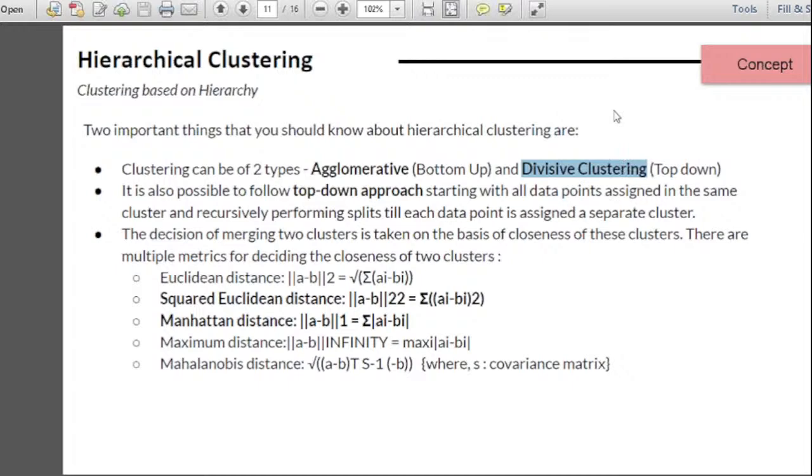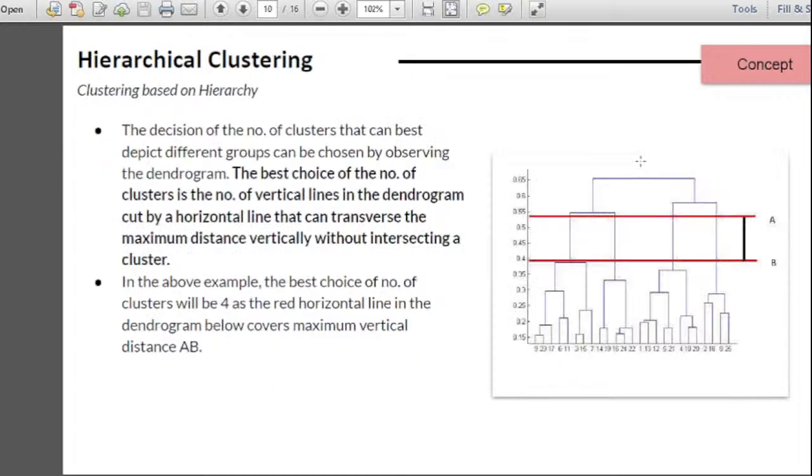You can also follow the divisive clustering approach, but the results are going to be the same because in divisive clustering you put all the points in a single cluster and then start splitting them into separate clusters based on the distance. Ultimately both of them will result in a similar dendrogram and of course the same number of clusters.